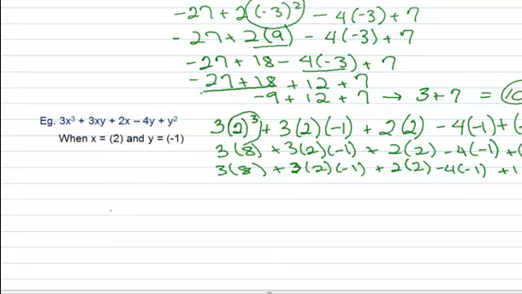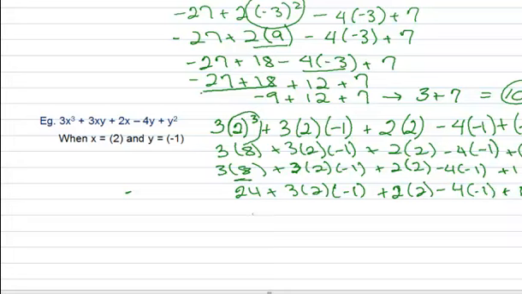And now I'll start with the multiplication. So I'll go to the first multiplication. So that's 24. I'm just going to do them one term at a time. So now I've got 24 plus 3 times 2 is 6 times negative 1 is negative 6.